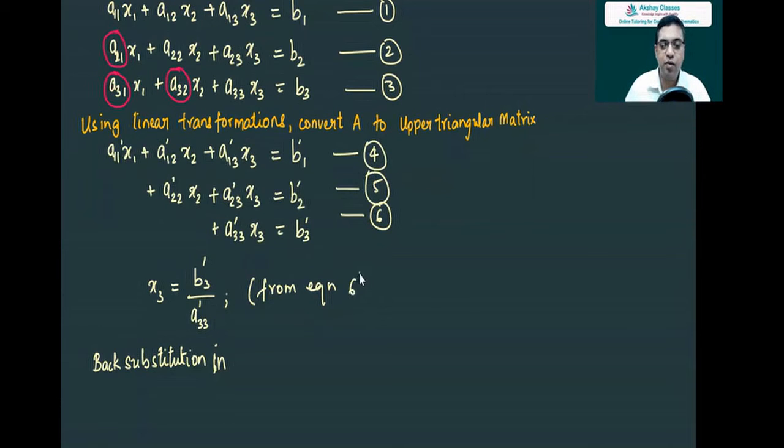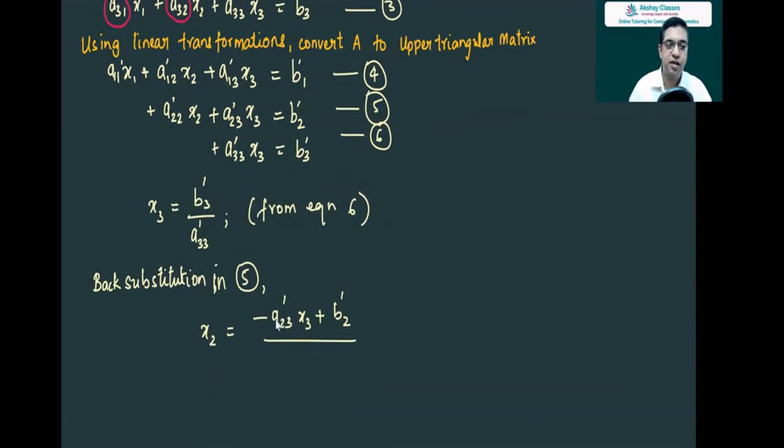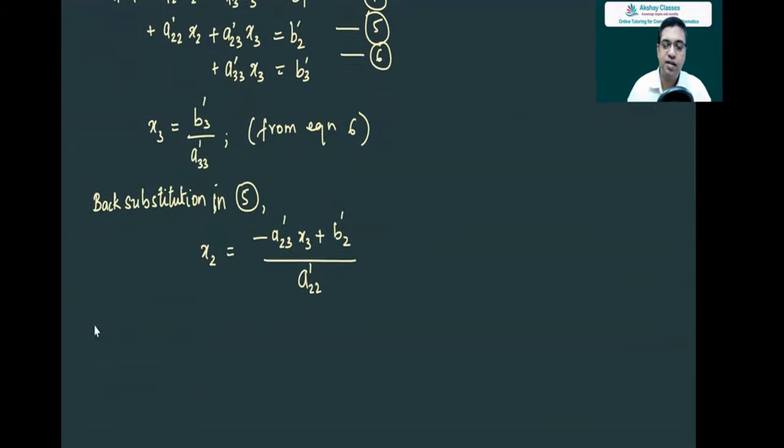So from equation 6 I get x3. Now back substitution in equation 5. Once I get x3, I'll substitute that value in equation 5. Then x2 I get as minus A23 x3 plus B2 dash, divided by A22 dash. So I get x2. Okay, this is back substitution.